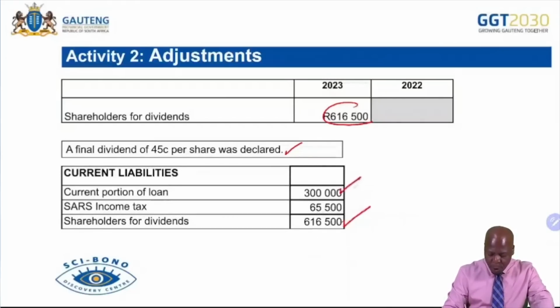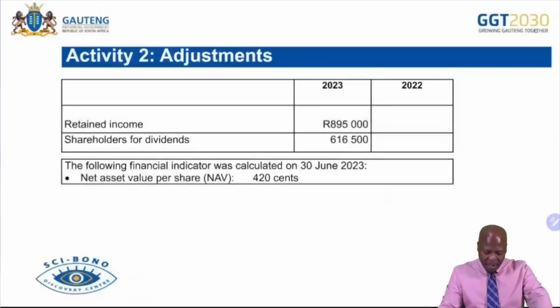Remember, we had the current portion of loan, we had SARS income tax, and now we just brought in our shareholders for dividends. But if they gave us shareholders for dividends and a final dividend of 45 cents, they are trying to tell us something. Let's see what it is that they want us to do.